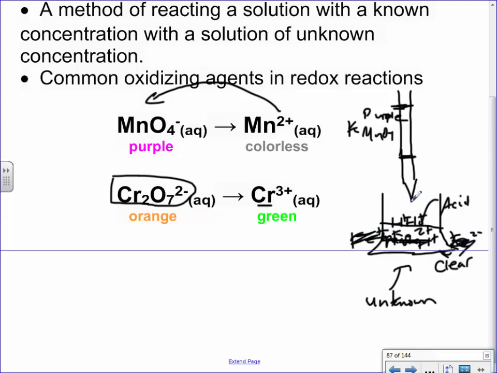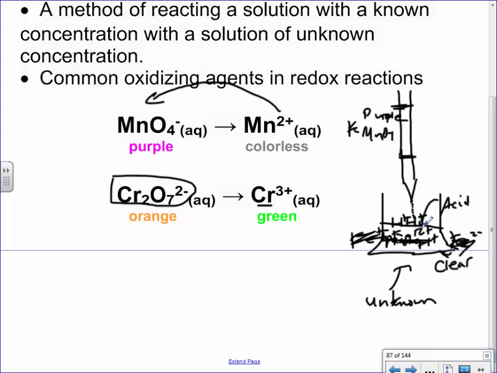What happens when you add one extra drop of the purple stuff? It will then stay purple, and that's our endpoint. So really, it operates the exact same way as the acid-base titration does, but on a completely different mechanism. Rather than changing colors due to indicators, it's changing colors just because it naturally changes colors.